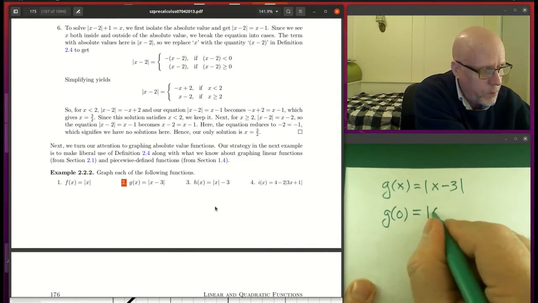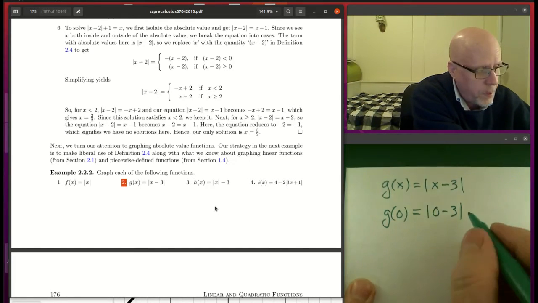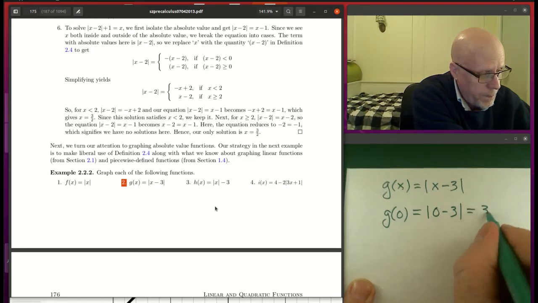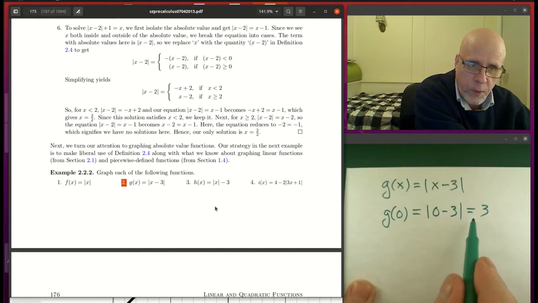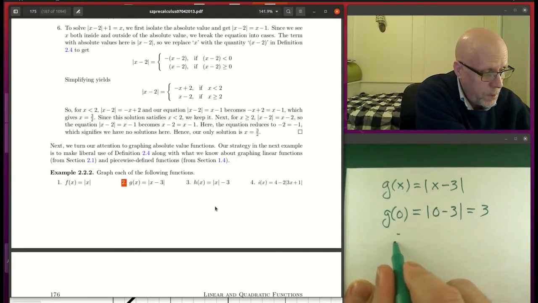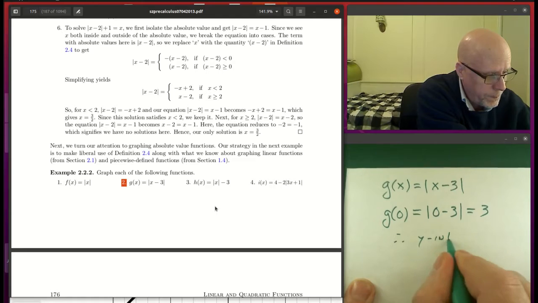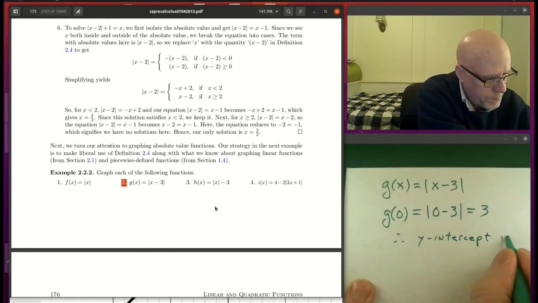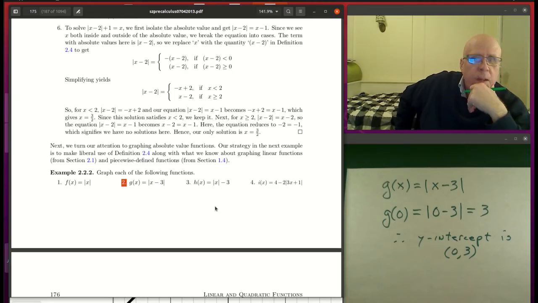Well, absolute value of 0 minus 3. That's really just a negative 3 inside the absolute value, so that's 3. And this means that when the x-coordinate is 0, the y-coordinate will be 3. In other words, the y-intercept is 3. Or probably I should say (0, 3). It's a point. So now we've got a point on the graph.